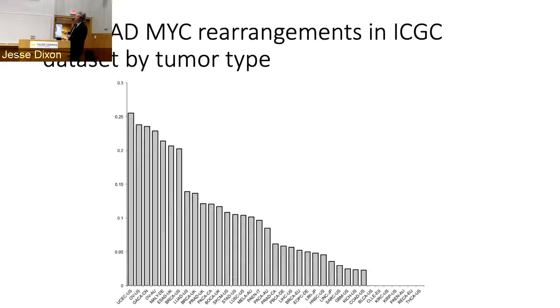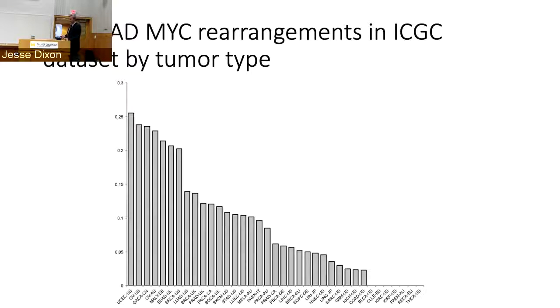The most frequently rearranged subset is endometrial cancers. So endometrial cancer, ovarian, gastric, ovarian, this is a lymphoma subset, esophageal, breast cancer, lung cancer. We see these all over the place in all the different tumor types in there. There are some at lower frequency, and it's not totally clear why.